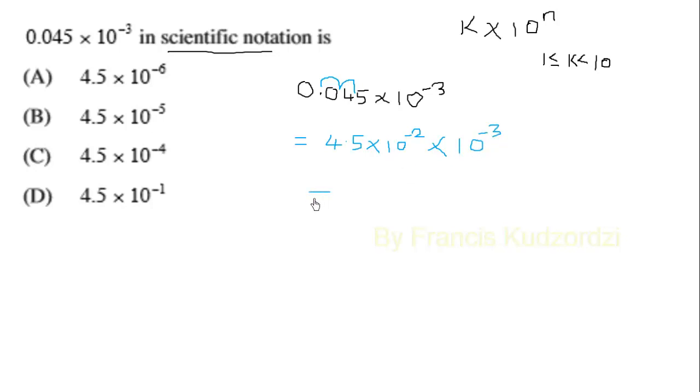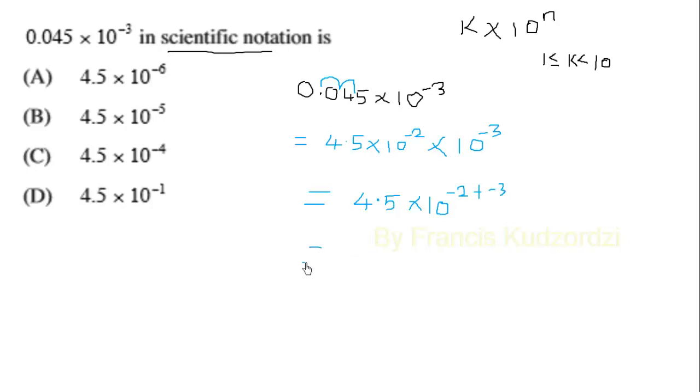So you use your property of exponent or indices to simplify numbers having the same base and they are multiplying. So from the law of indices, we write down one base, and add the exponents. So negative 2 plus negative 3.